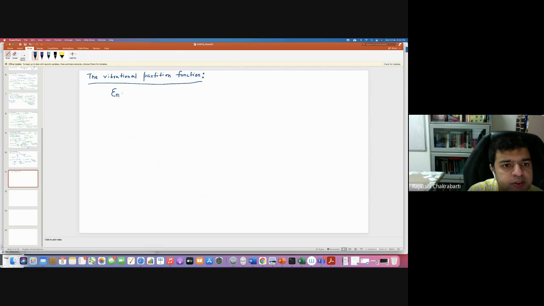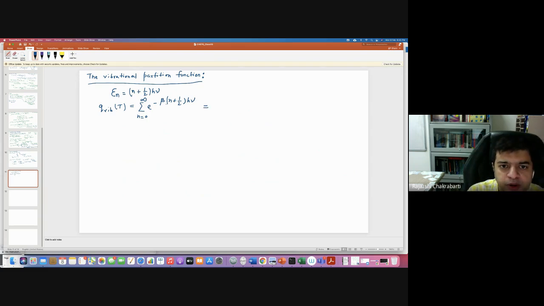So your energy expression is given by this, then what will be the expression for the vibrational partition function? Of course, a function of temperature. And n varies from 0 to infinity in steps of unity, isn't it?